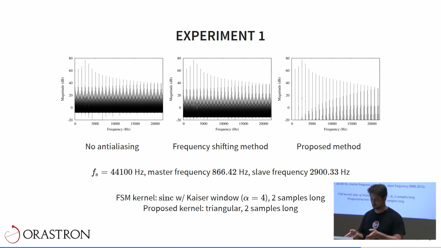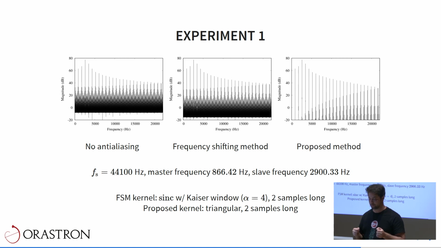So we have tried to see what happens, comparing our approach to no anti-aliasing and the previously best known method, both in the case where the master frequency is higher and lower than the slave frequency. For the previous method, which is pretty flexible itself, we have used the same kernel length.